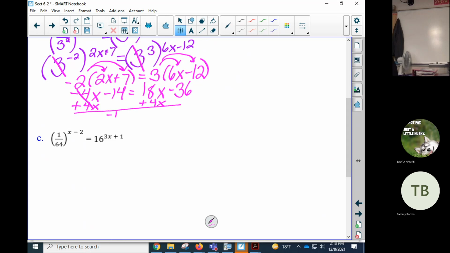And I get negative 14 equals 22x minus 36. Then I would add 36. And this would be gone. This would be 22x equals negative 14 plus 36 is going to be a positive 22. So what is x going to equal? 1.